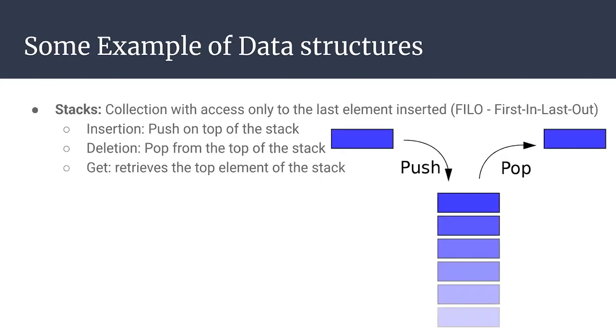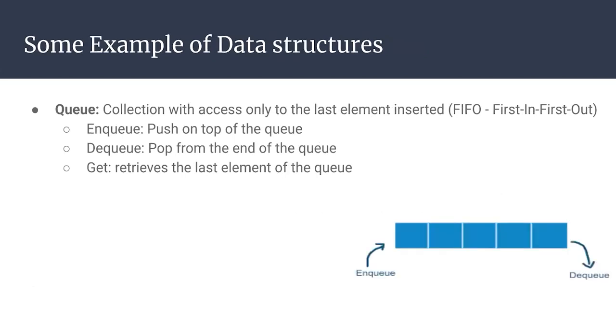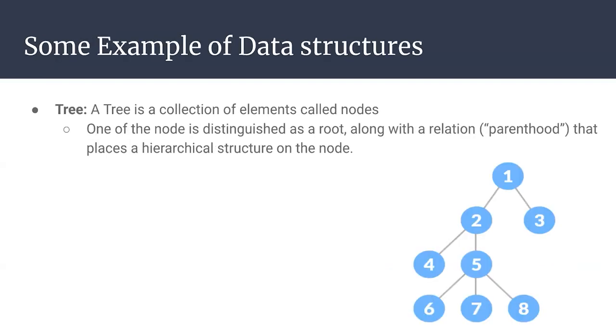Now we looked at some of the data structures, which are stacks, which is like FILO, first in last out. We took insertion, deletion, and get. Then queues, FIFO, first in first out, enqueue, dequeue, get. Then tree, which is a binary tree, which is a non-linear data structure.